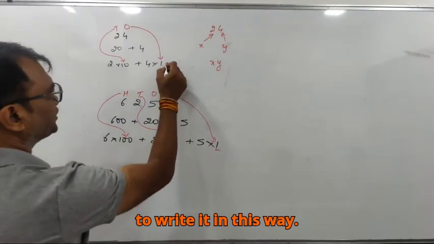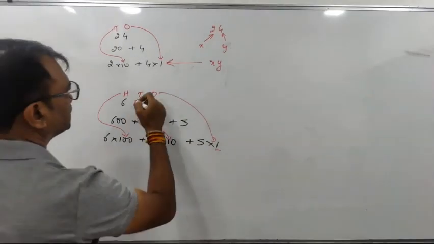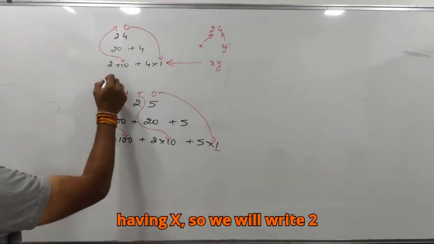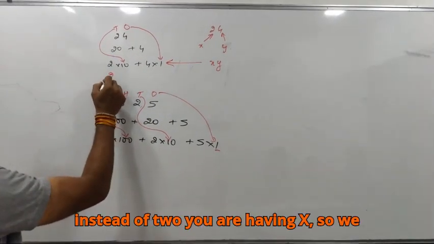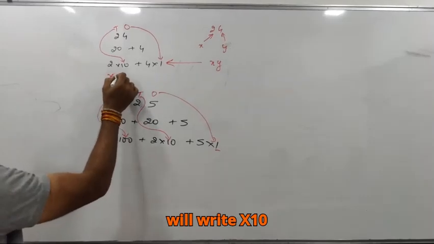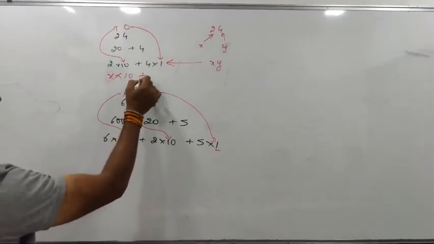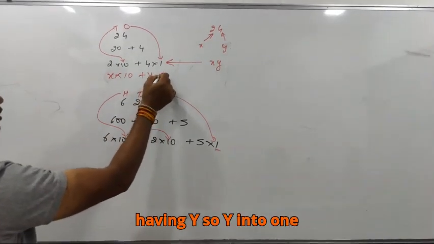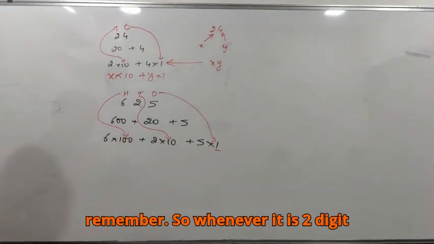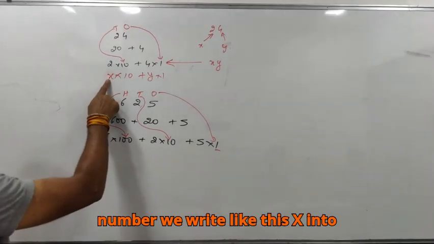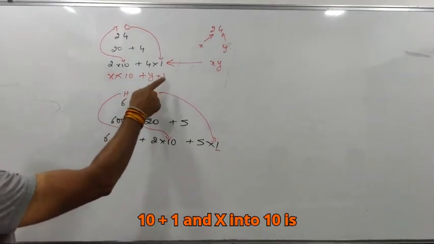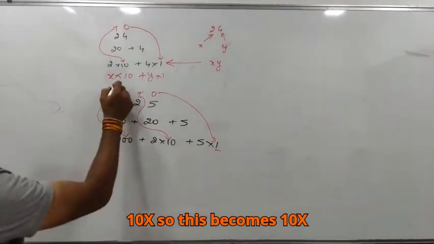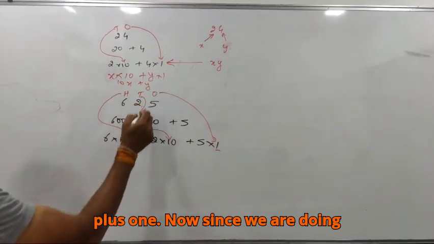Hence we have to write it in this way. Instead of 2 you are having x, so we'll write x into 10 plus, instead of 4 you are having y, so y into 1. Remember, whenever it is a 2-digit number, we write like this: x into 10 plus y into 1. And x into 10 is 10x. So this becomes 10x plus y.